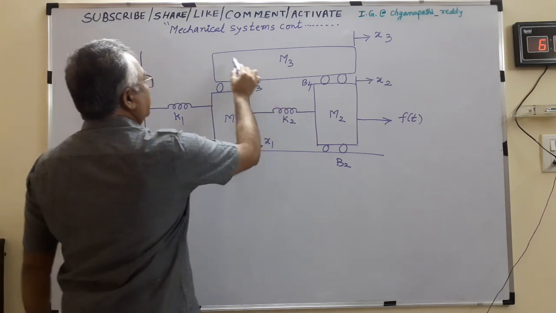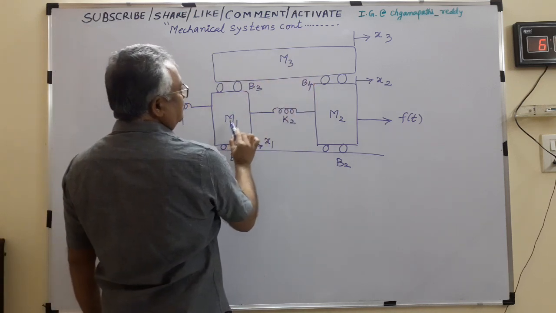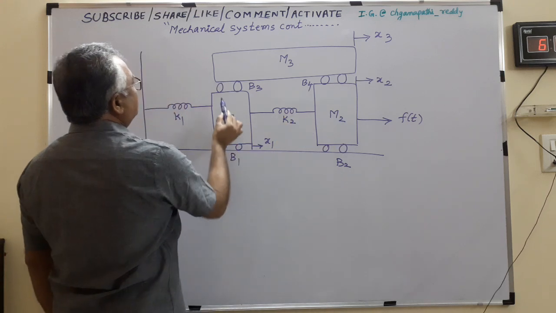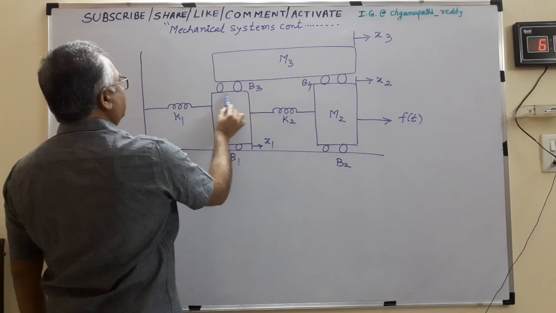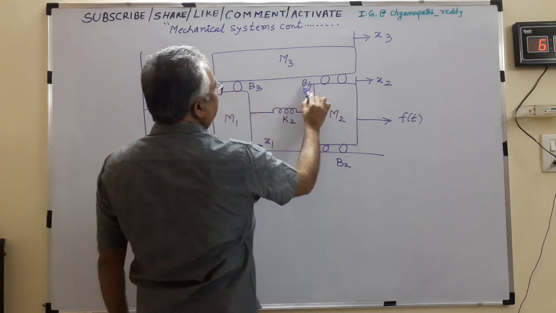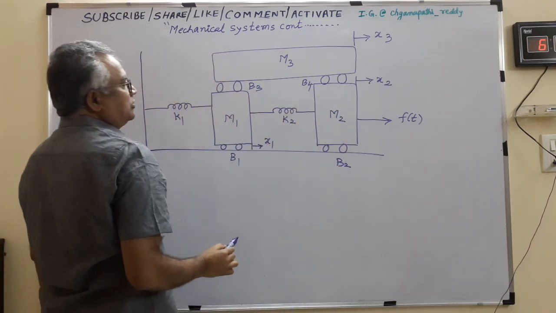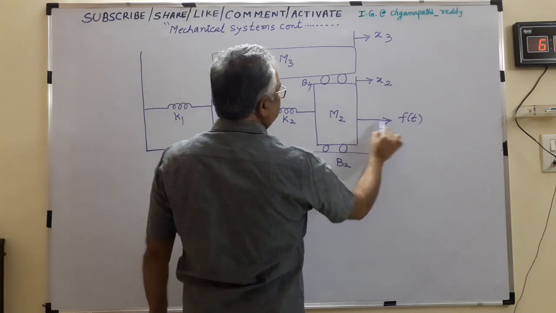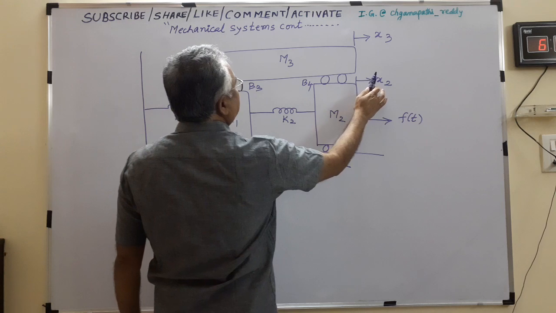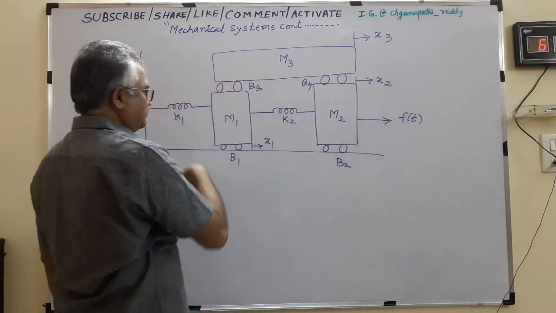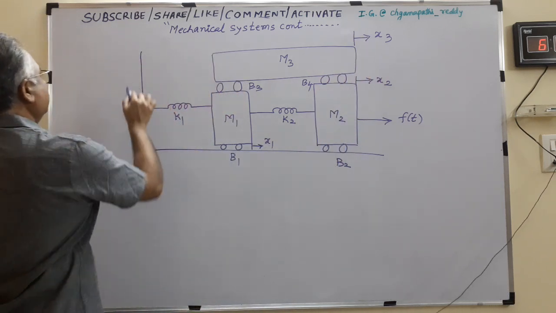So there is another mass M3 sitting over M1 and M2. So these are like bearings. It will give a friction of B3, this is giving friction of B4 and so on. Force is applied in this direction. This is moving with displacement x1, this is x2, this is x3. So this is fixed.